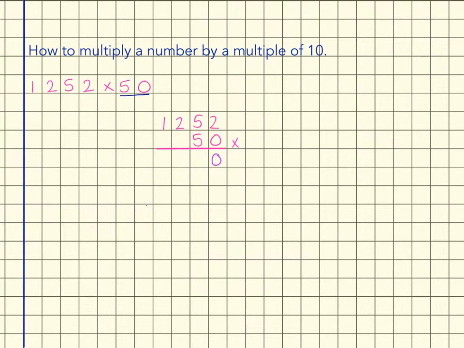Then I'm going to move into the 50s. So 50 times 2 would give us 100, and then 50 times 50 would give us 2,500, then 50 times 200 would give us 10,000, and then finally 50 times 1,000 would give us 50,000.